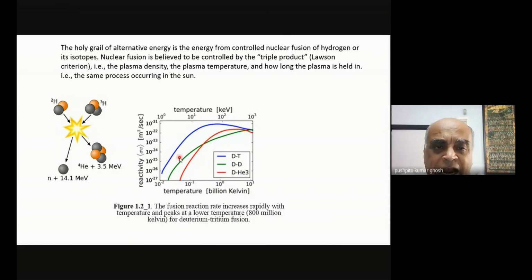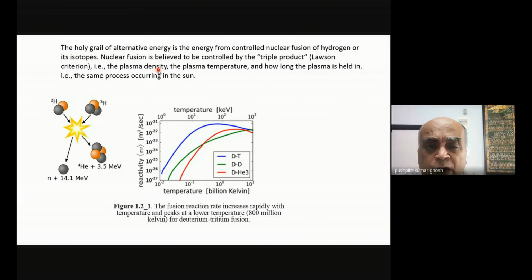One is that it depends on the plasma density. Unless you have squeezed these ions so close together that they come within fusion distance, penetrating through all the orbitals of the atom and coming right next to each other, the nuclei, at nuclear distances.